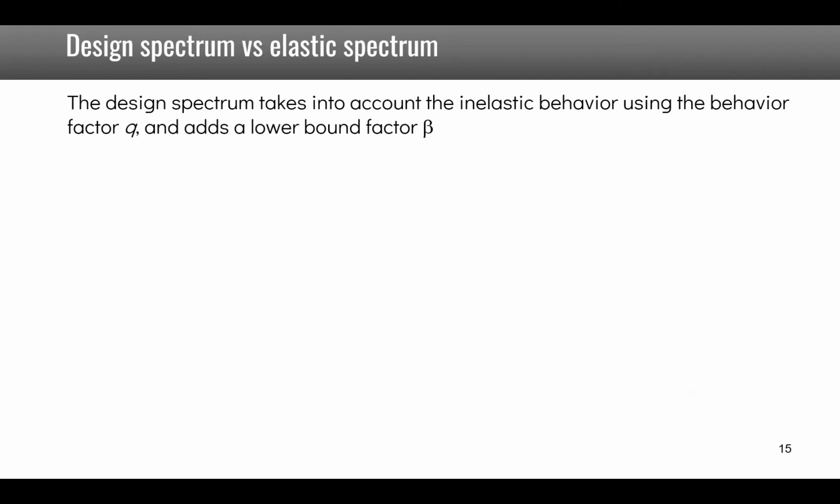Now, SE is the elastic spectrum, but in order to compute the response of the structure under seismic excitation, you need to take into account the possible inelastic behavior of the structure, using a behavior factor Q, and you add a lower bound factor beta.